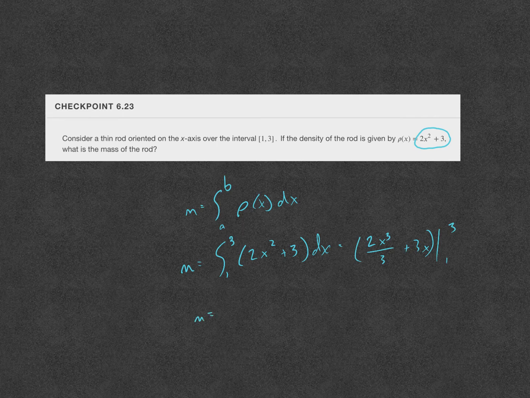And then when we substitute in our bounds, 2 times 3 cubed over 3 plus 3 times 3 is the top bound. 2 times 1 cubed over 3 plus 3 times 1 is the bottom bound. Punch all of that into your calculator, and you should get 23.3 repeating, or 23 and a third, and that would be the mass. We're not given units in this one, but that would be the mass of our object.